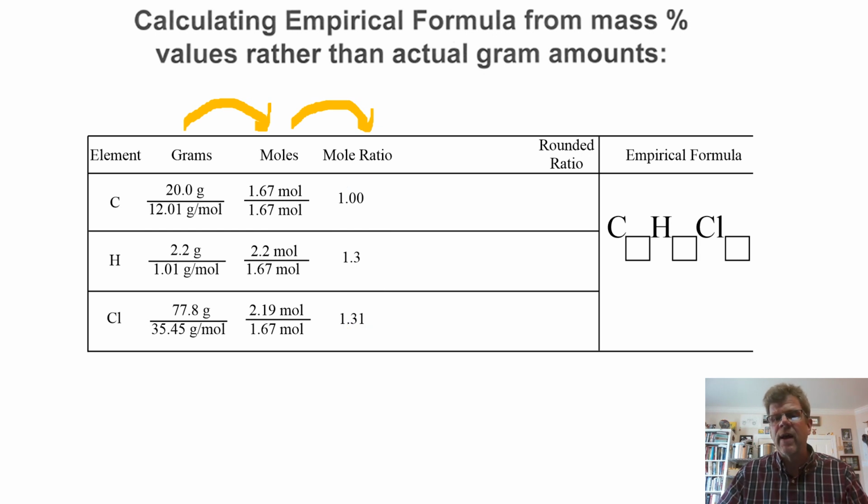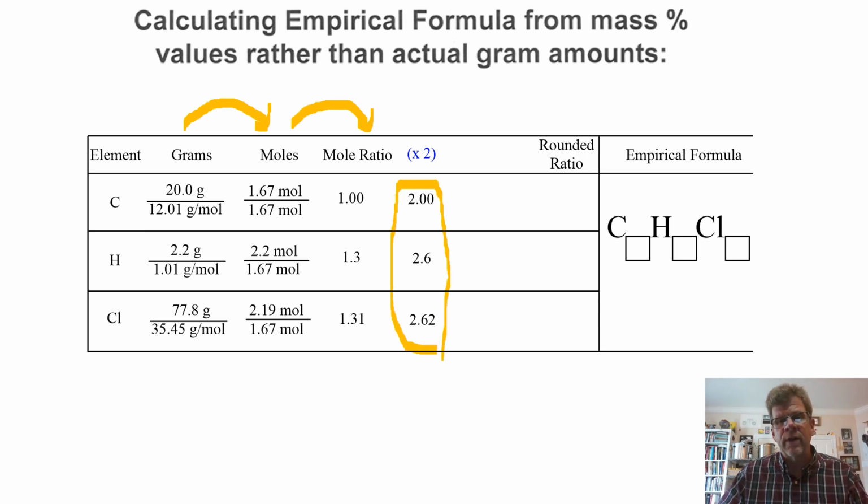So let's try the next integer, 2. If I multiply all of these numbers by 2, I end up with this series right here. Certainly the one on top is good. It's exactly 2. But again, we run into the problems encountered on the second and third. 2.6, 2.62, that's a problem because we're not within 0.1 of an integer. So we have to keep going.